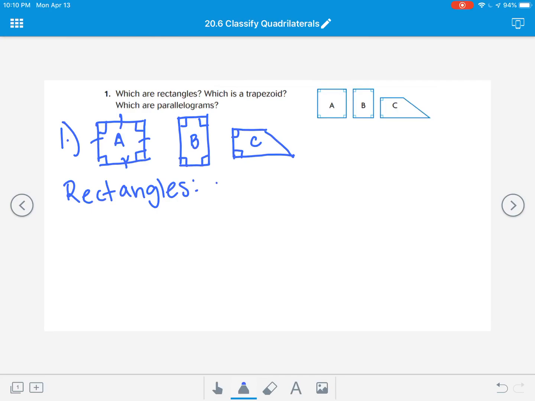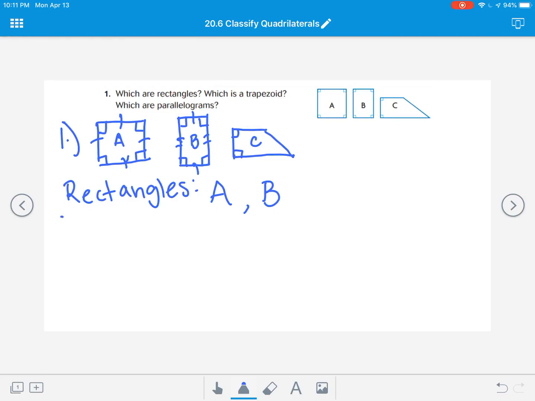That makes figure A a rectangle. Let's look at figure B. I see 4 right angles. That's one qualification for a rectangle. I see opposite sides are equal, and I see that there are 2 sets of parallel sides. So figure B is also a rectangle.